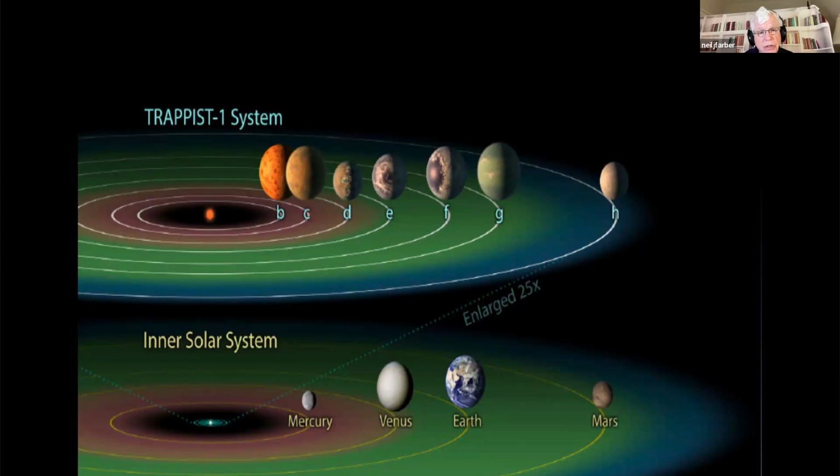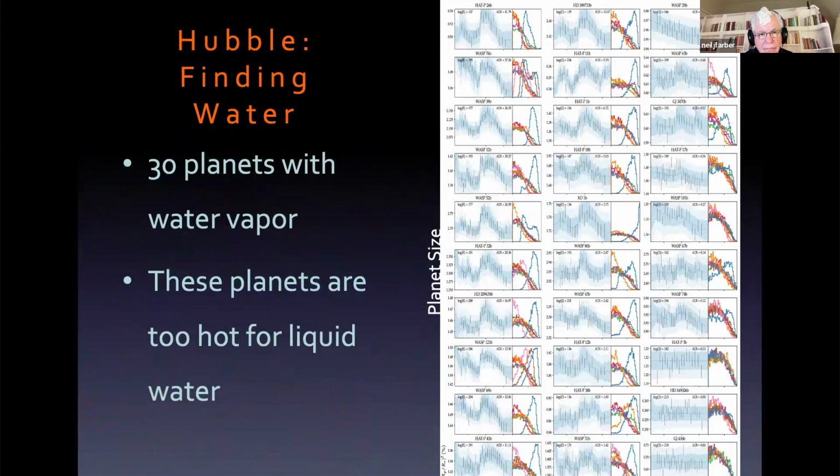They could potentially harbor life, but we have not gone there looking yet so far. But that's a possibility. Hubble did find water vapor on 30 planets, but they were too hot for actually liquid water on the surface.